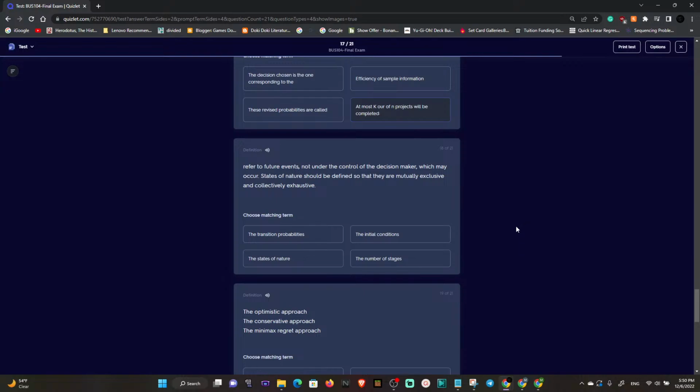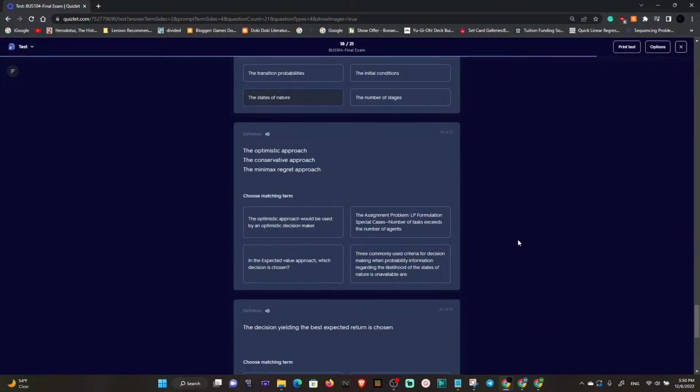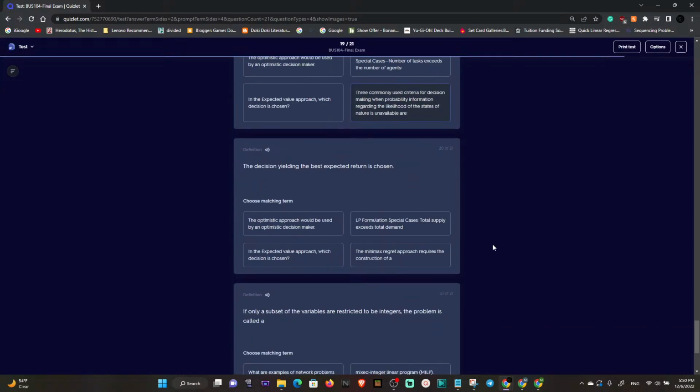This is the states of nature. The 3 commonly used criteria for decision making when probability information regarding the likelihood of states of nature is unavailable. The decision yielding the best expected return is chosen. Best expected.